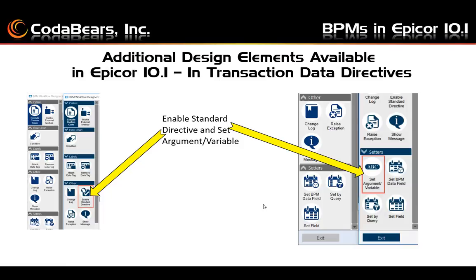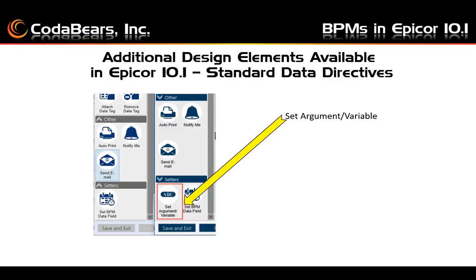And here we have 2 new design elements: the enable a standard data directive and set the argument / variable. And the only additional element for standard data directives is the set argument / variable. That was the only difference between what was in version 10.0.700 and 10.1.